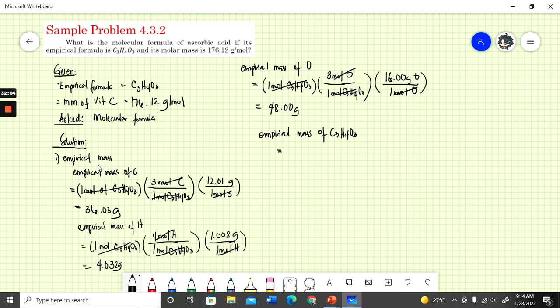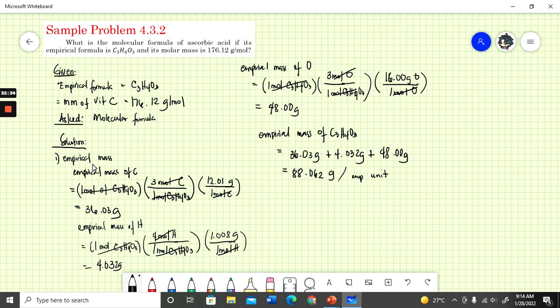That is equal to 36.03 grams plus 4.032 grams plus 48 grams. So the empirical mass of C3H4O3 is about 88.062 grams per empirical unit.